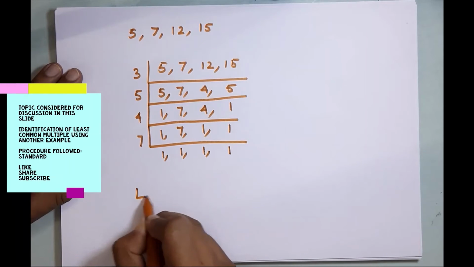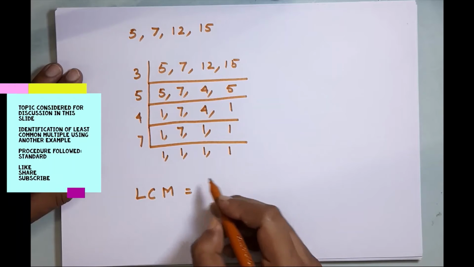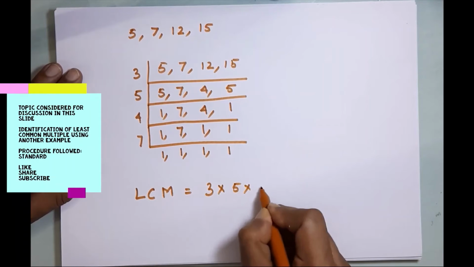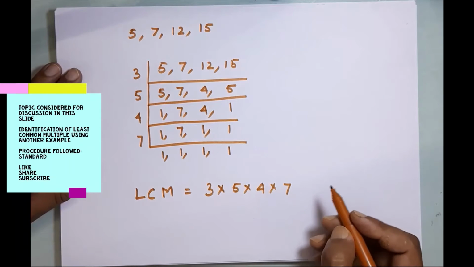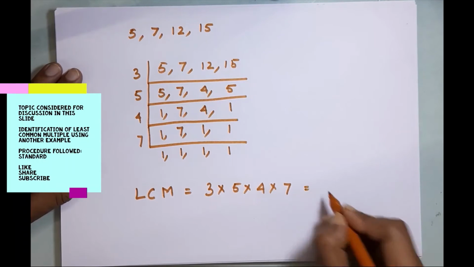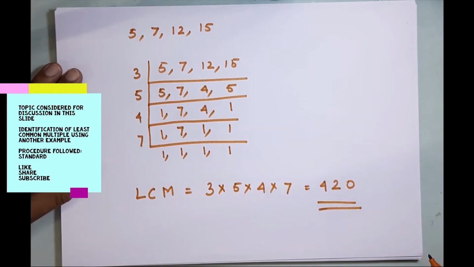What will be the LCM of these given numbers? It will be the product of all these factors. So it will be 3 multiplied by 5 multiplied by 4 multiplied by 7. So 5 threes are 15, 15 into 4 is 60, and 60 into 7 is 420. So this is a multiple of the numbers 5, 7, 12, and 15.